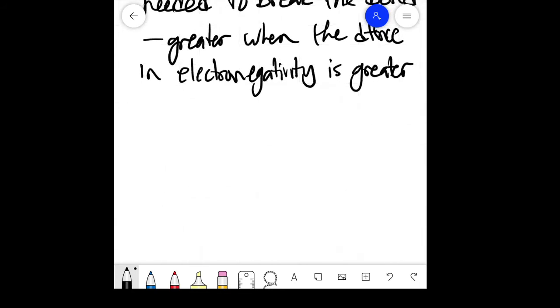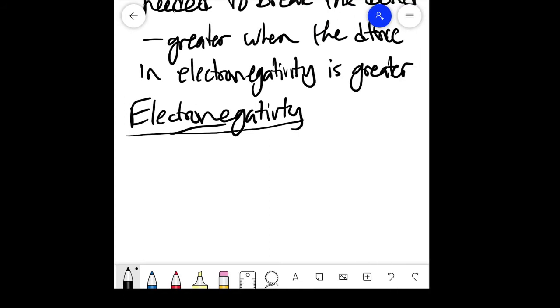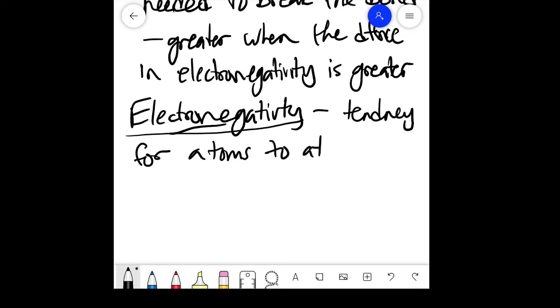What electronegativity is, is the tendency for atoms to attract electrons.